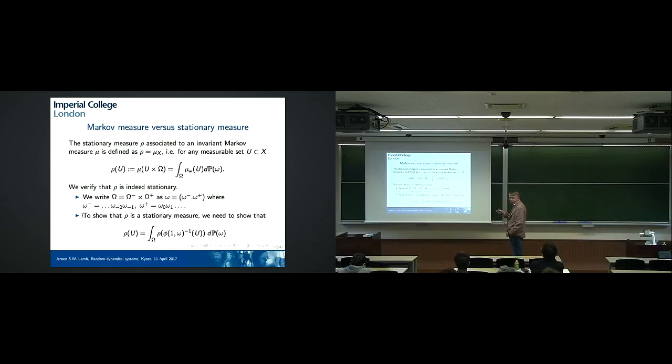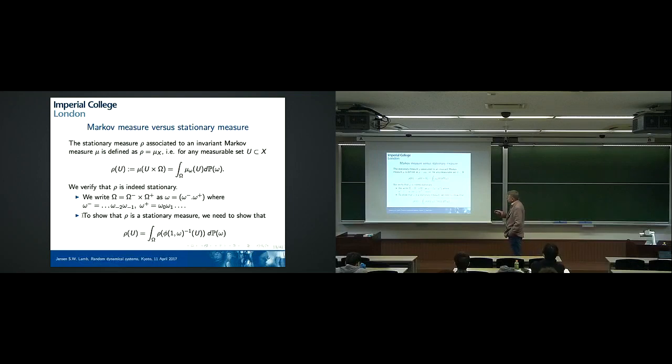I write omega minus, that's the past, and omega plus is the future. So omega minus is the whole sequence omega minus 1, omega minus 2 to the back, and omega plus is omega 0, omega 1 to the front. Some objects that we deal with are measurable with respect to the future, and some with respect to the past, and it is handy to separate them.